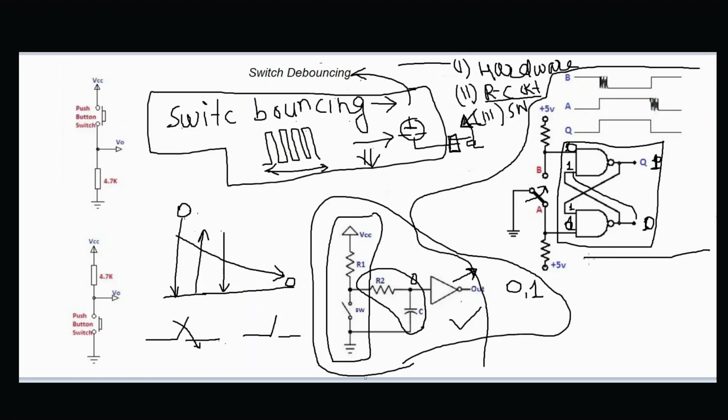But you will see that both hardware debouncing and the RC circuit are used mostly in embedded systems where there is a mechanical relay switch or microcontroller interfacing. But it is not used in power systems or power electronics. It is not required. Mostly it is very important to apply in embedded systems.